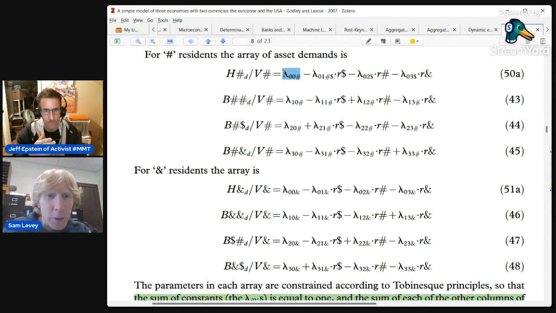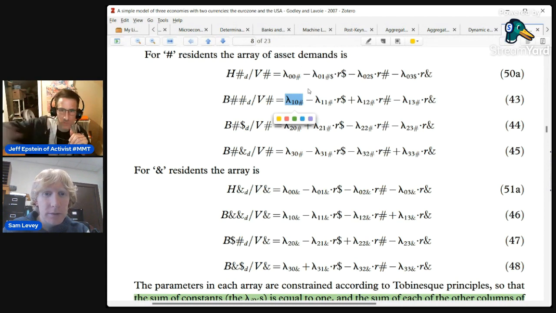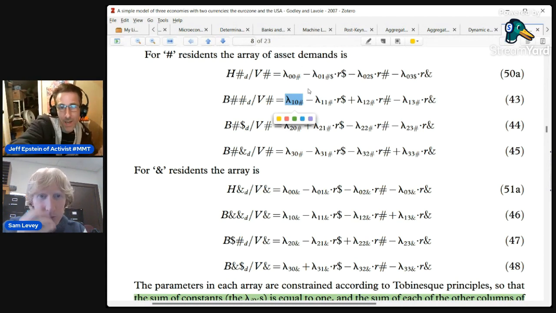So the first column is how much of your wealth you would want as money if this other stuff didn't matter, if I don't care about interest rates at all. Those final three terms, the ones, twos, and threes in the second digits, are all 0 in this case.